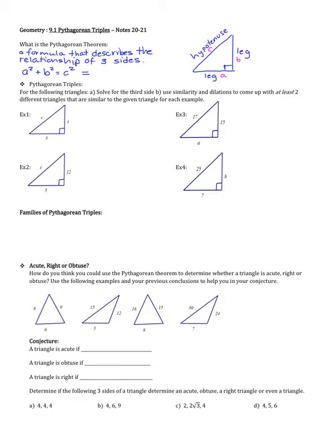But remember, a, b, and c are just random variables. So really what's going on is it's a leg squared plus the other leg squared equals the hypotenuse squared. And again, sometimes the hypotenuse will be one of the knowns, so you want to make sure it's going to be in that relationship, all right?